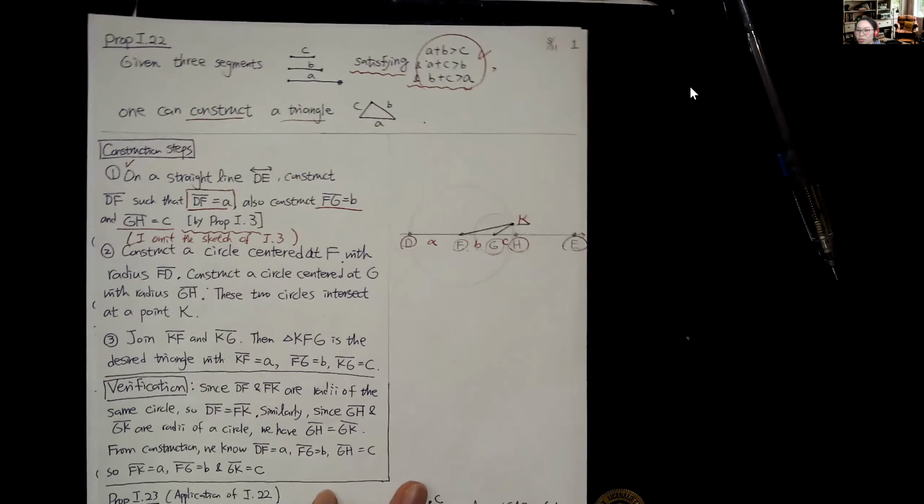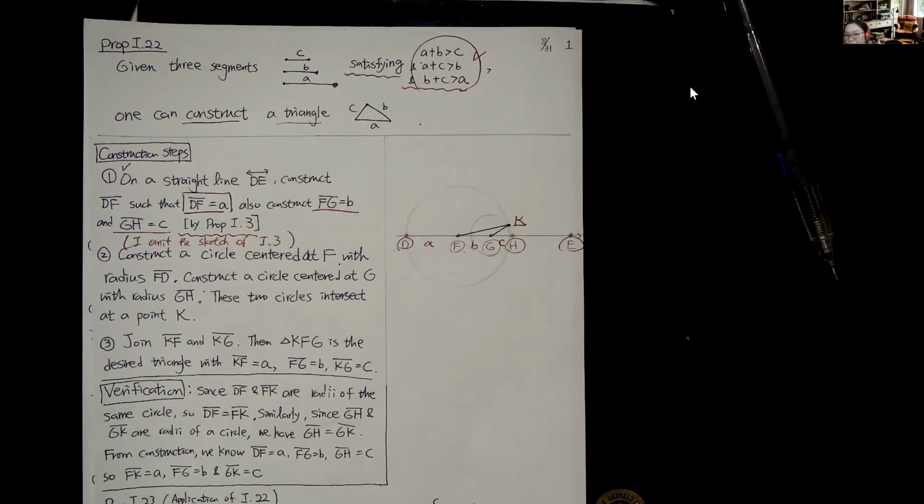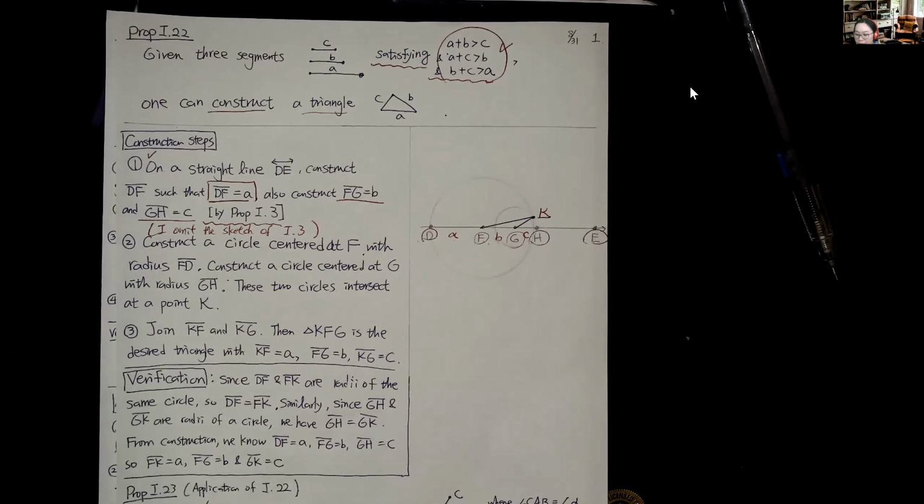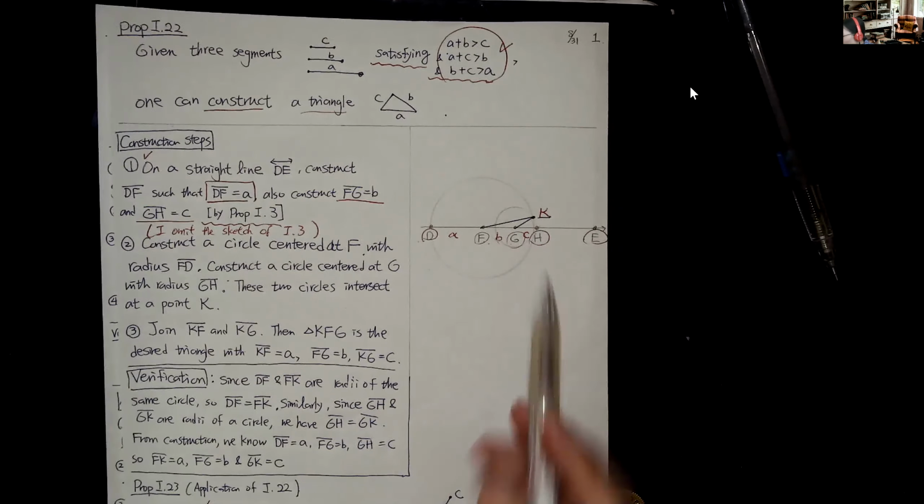So this small tiny triangle that you saw here has the required lengths that I want. Basically, you can see directly from the construction why this is true. I can go over the verification, but it is pretty obvious to see.